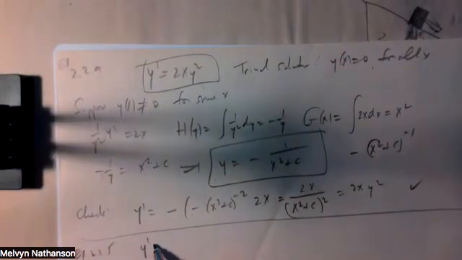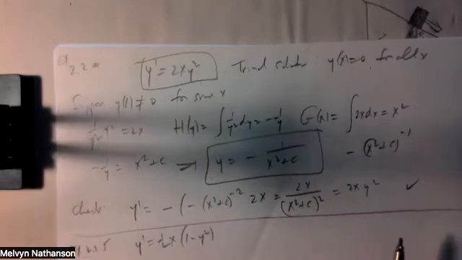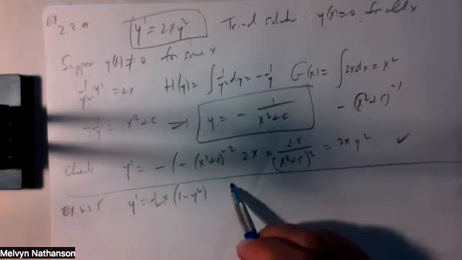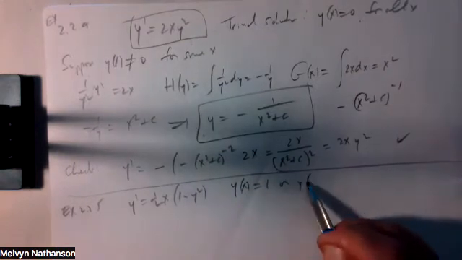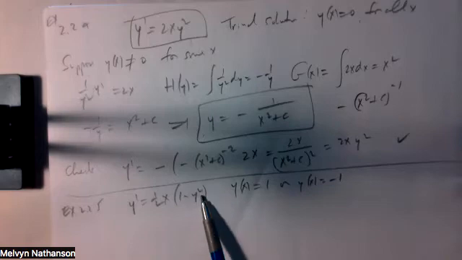So y prime is a half x times 1 minus y squared. Now this equation also has a trivial solution. Suppose y of x is the constant function 1 or y of x is the constant function minus 1. In that case, 1 minus y squared is 0.